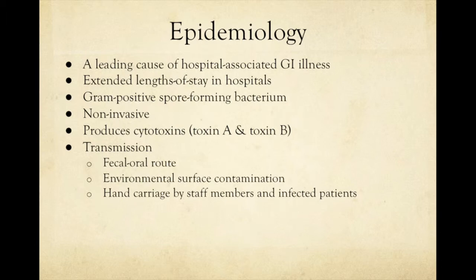The disease usually ranges from asymptomatic carriage to mild diarrhea, colitis, or even pseudomembranous colitis. Transmission within healthcare facilities largely results from horizontal transmission, so via environmental surface contamination, hand carriage by hospital personnel, and other infected persons as well.